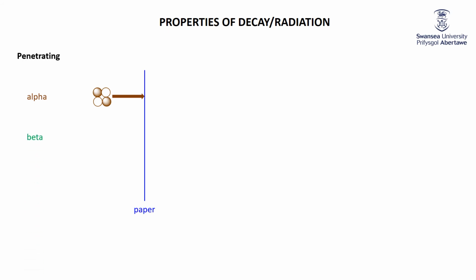Beta particles, a little bit stronger. They have no problem getting through paper, but they're stopped by pretty much any solid that's more than a couple of millimeters thick. Now, these days, it seems like aluminium is the material that's chosen to show, hey, beta particles get absorbed by aluminium. They can't get through those, but they can get through paper.